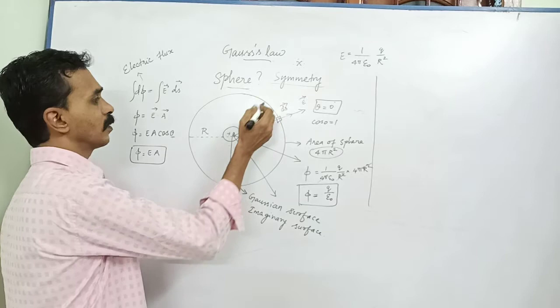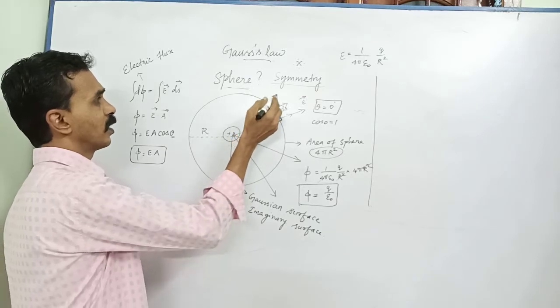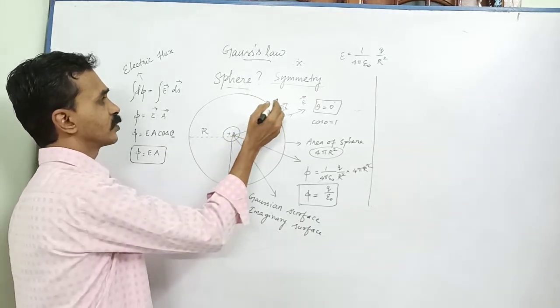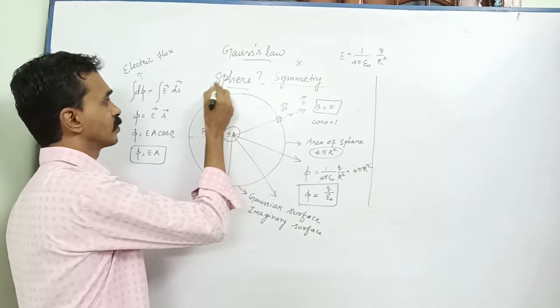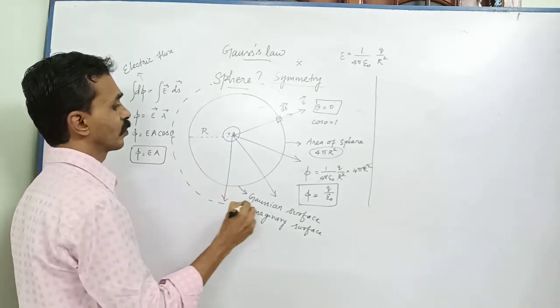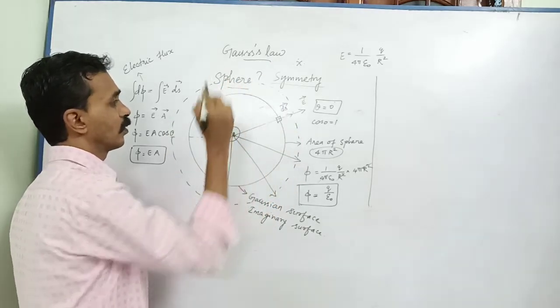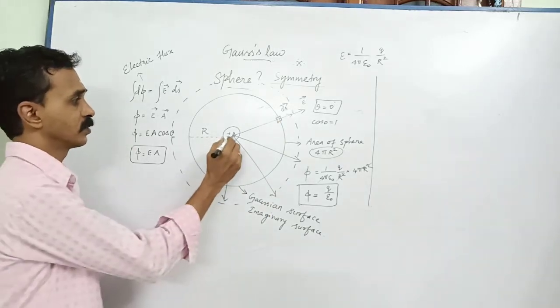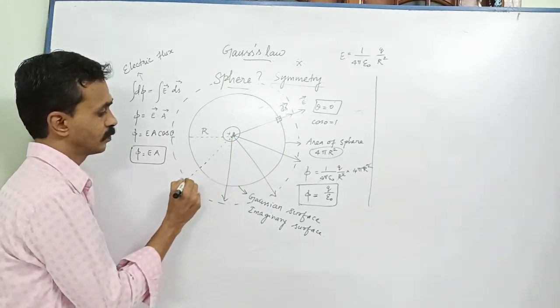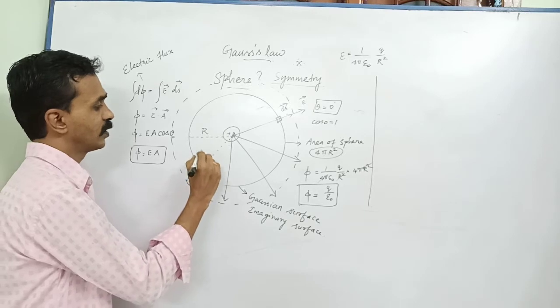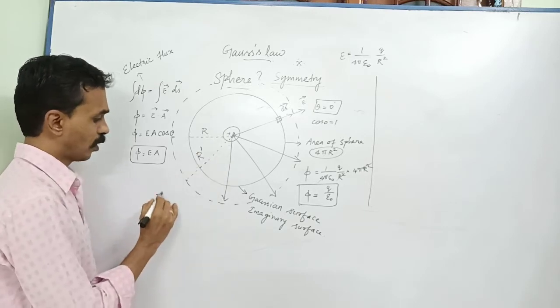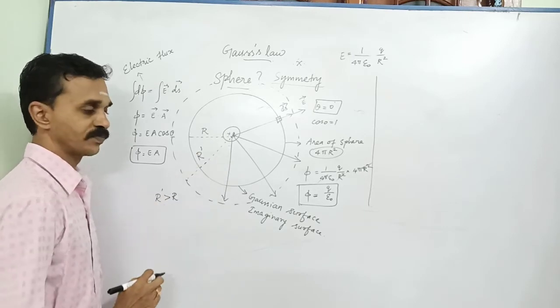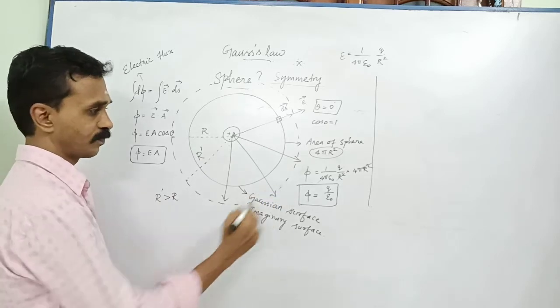So if you consider another sphere of radius r dash like this, such that r dash is greater than r, what will be the flux?